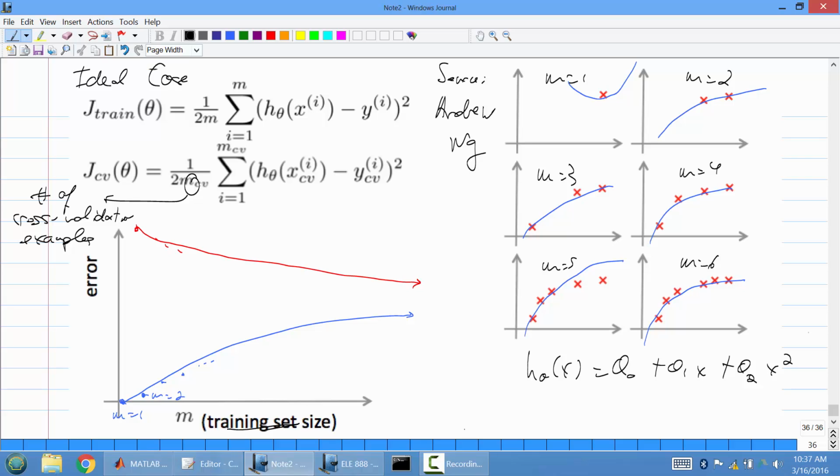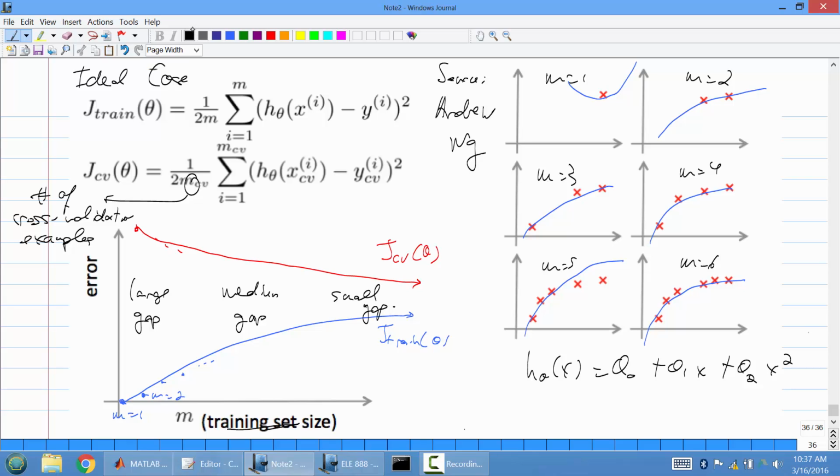So the characteristic here is that you have a large gap at the beginning, a medium gap in the middle, and then a small gap towards the end. This is the ideal case. This here is the training, and this here is the cross-validation.